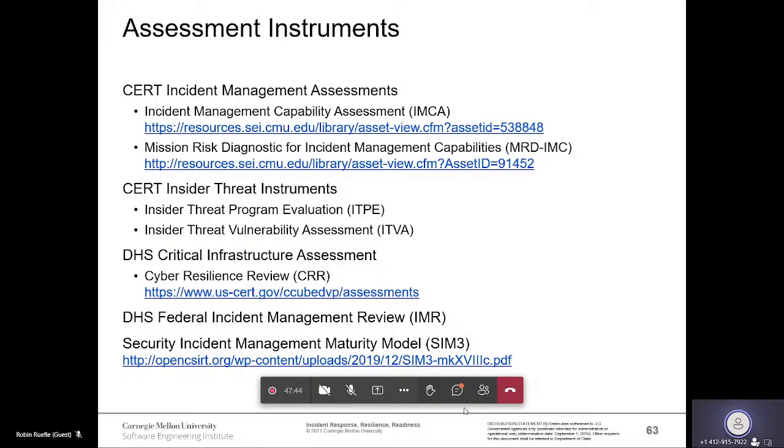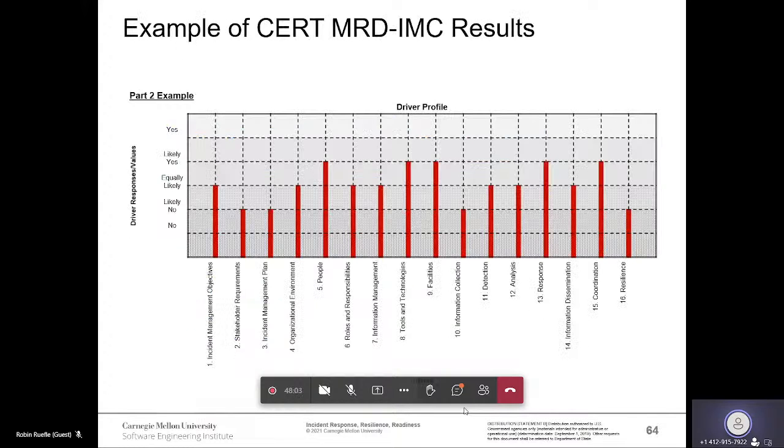And then there is also the Security Incident Management Maturity Model, known as the SIM3. This is being used in the FIRST community, and they will be using this to help vet teams for joining FIRST.